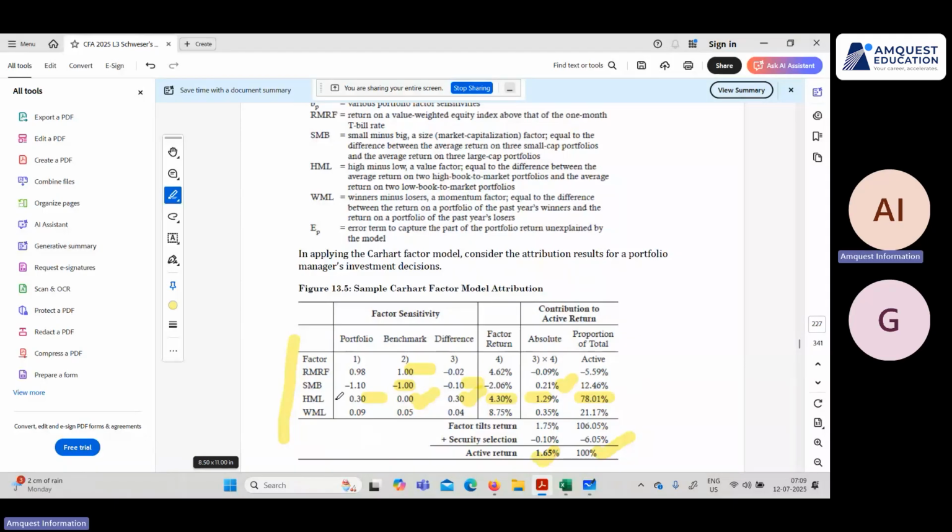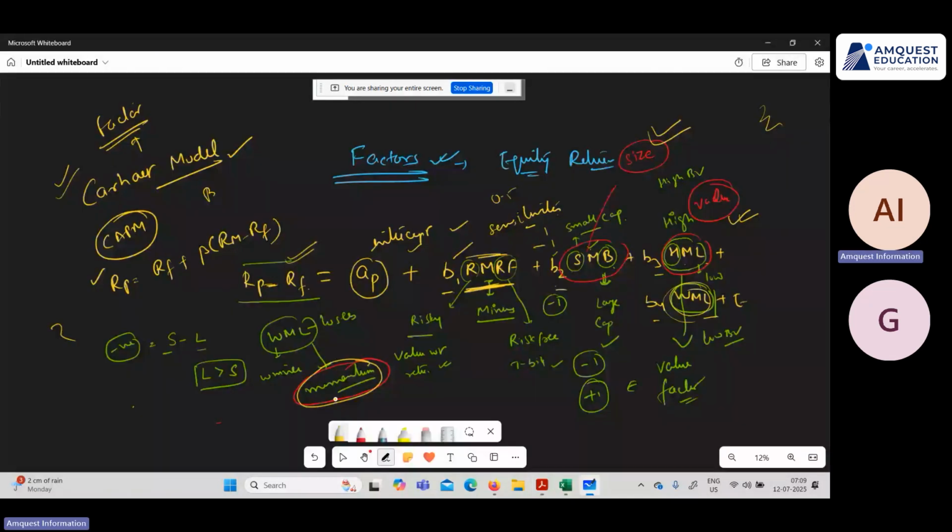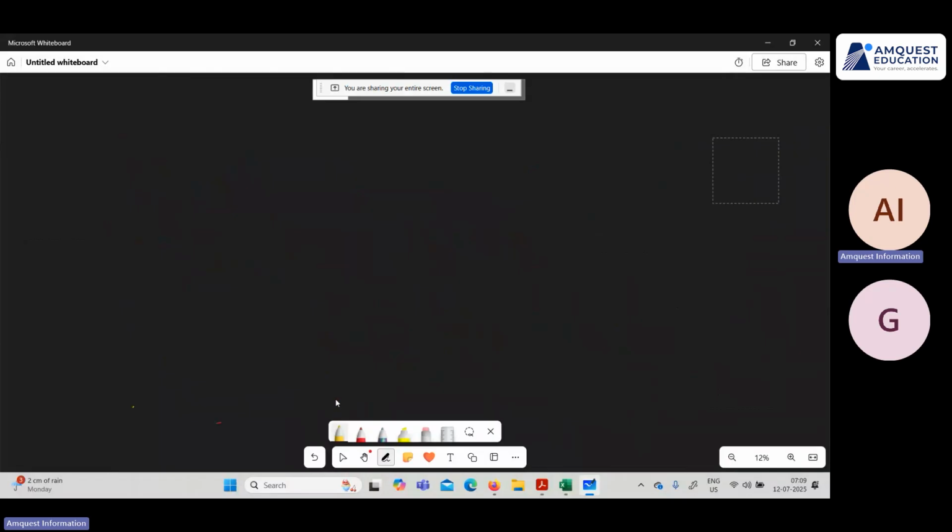Got it. Okay. All right. So this was about the Carhart model. Now let's start with fixed income. So far we have covered equity return attribution, and in that we talked about the BHB model, and then the BF model.